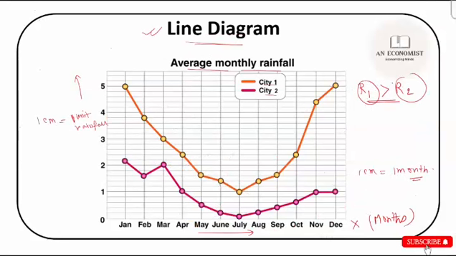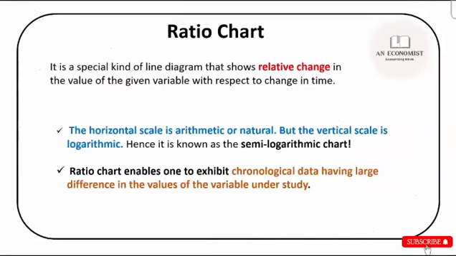There is a clear gap or divergence between the line graphs of these two cities, and the gap increases during January and during the month of December. It has an even higher gap in these initial months, January and December, right? These are the insights you can draw from here, and this is all about the line diagram.